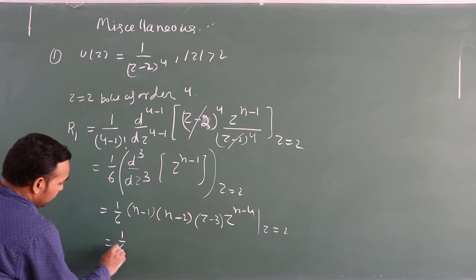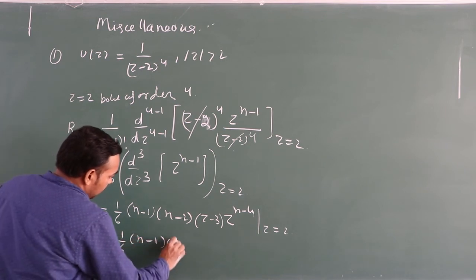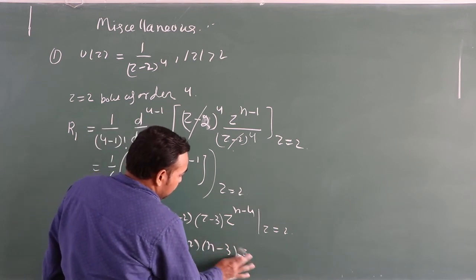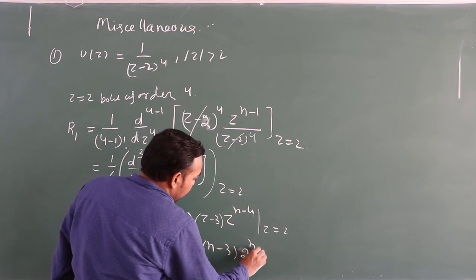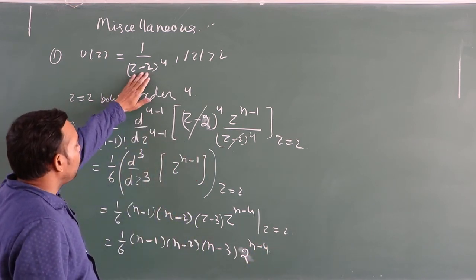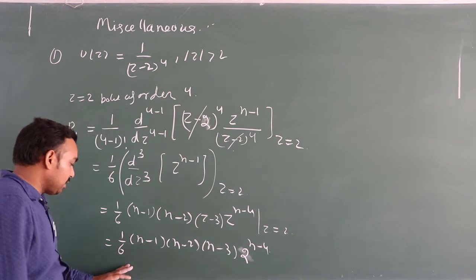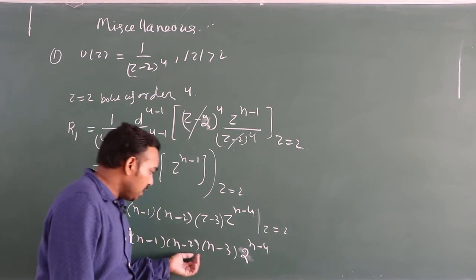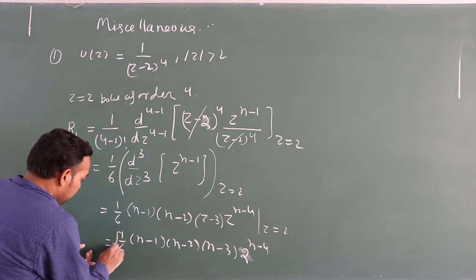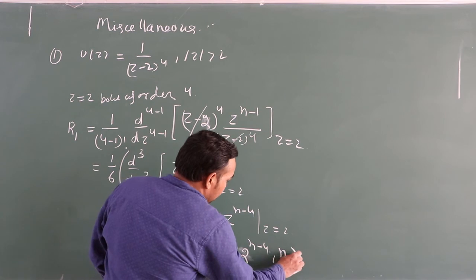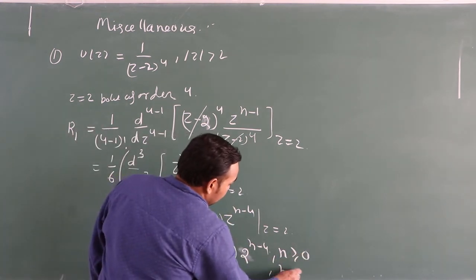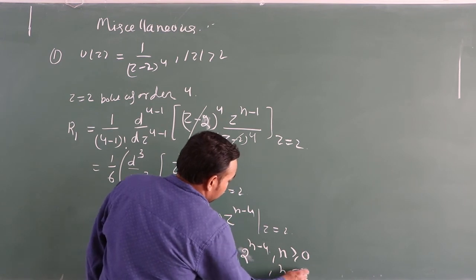Finally we get (n minus 1)(n minus 2)(n minus 3) 2 to the power n minus 4. So the inverse is 1 upon 6 (n minus 1)(n minus 2)(n minus 3) 2 to the power n minus 4, for n greater than 0, and 0 for n less than 0.